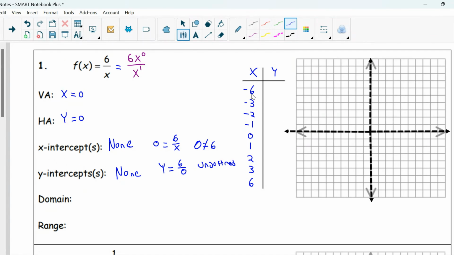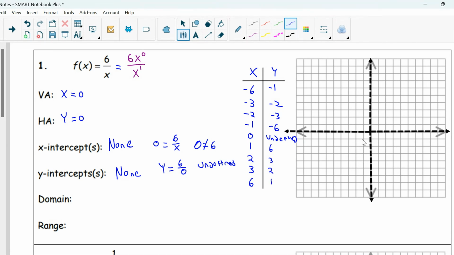All right, I'm going to go down the list now. 6 over -6 is -1, 6 over -3 is -2, 6 over -2 is -3, 6 over -1 is -6. 6 over 0 is undefined, as we found over here. 1 would be 6, 3 is 2, and 6 is 1.